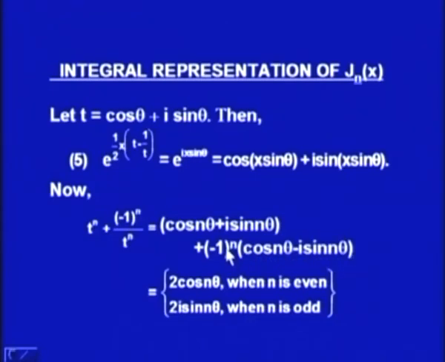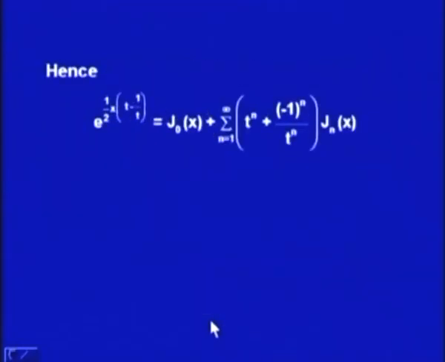If n is an even integer, then the right hand side therefore is 2 cos n theta, and when n is an odd integer, the right hand side becomes 2 i sin n theta. So, the value of t to the power n plus (minus 1) to the power n over t to the power n is 2 cos n theta when n is an even integer, and it is 2 i sin n theta when n is an odd integer.